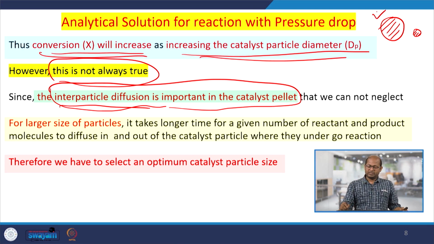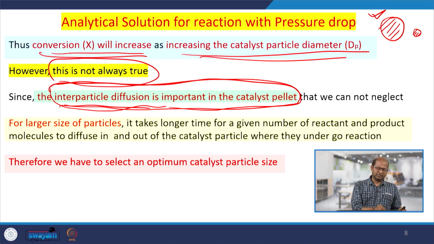So, if we increase the catalyst particle diameters, the interparticle diffusion, which we will discuss in more detail later, will affect things. Reactant molecules, this is the catalyst, let us say, would diffuse inside the pores of the catalyst, pass through those pores, and then interact with the active sites of the catalyst. Reactions will occur inside the pores where so many active sites are there. So, there the reactants will interact and be converted into desired products.